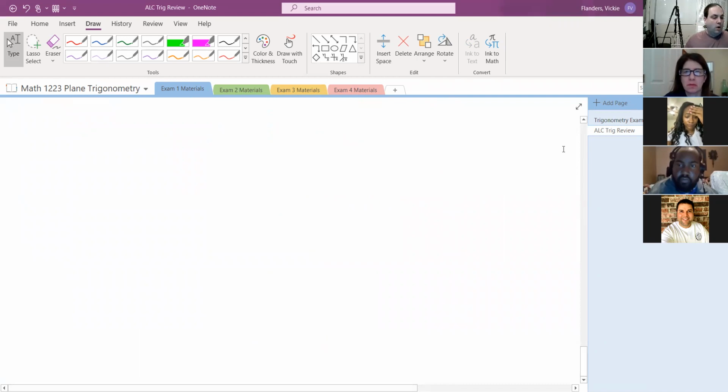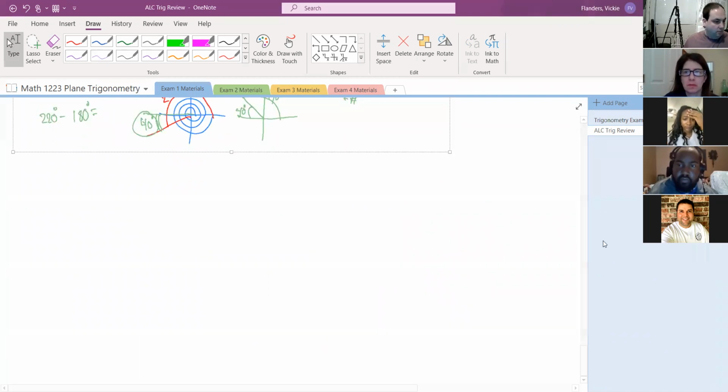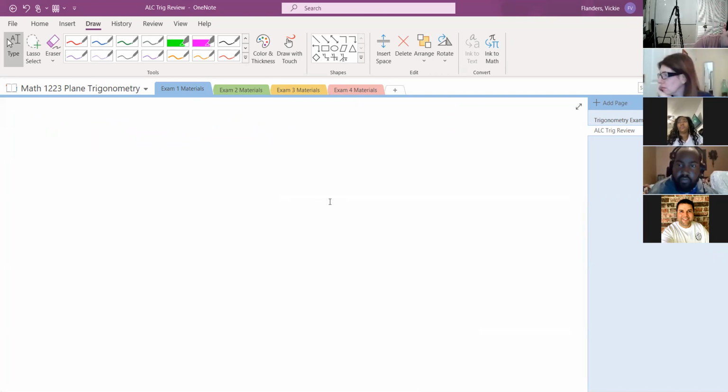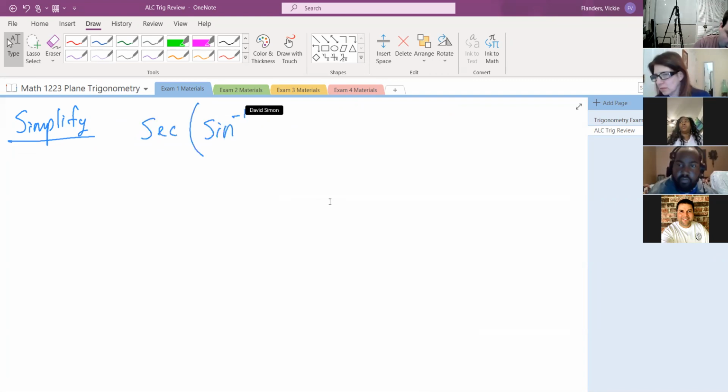Okay. So what I'm doing is I'm pulling one of the problems from the textbook that I use, the OpenStax textbook. Okay. So simplify this: the secant of the inverse sine of x over x plus 1.